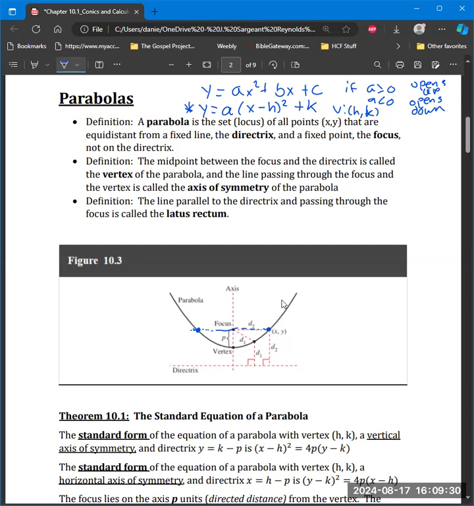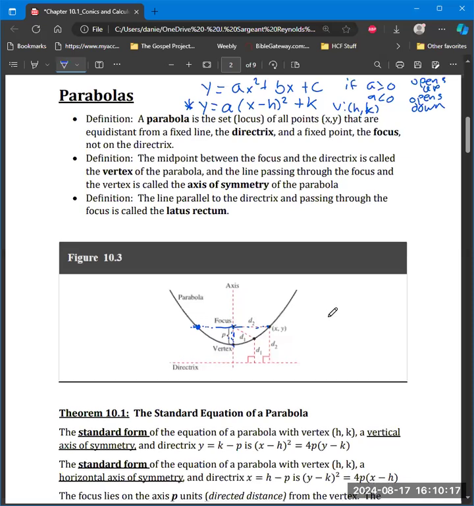This is important because this distance here, p, is going to be the same as that distance there. This line is very special because of how it relates to this distance p, and it gives us two special points that we can solve for that really help us draw our picture of the parabola.